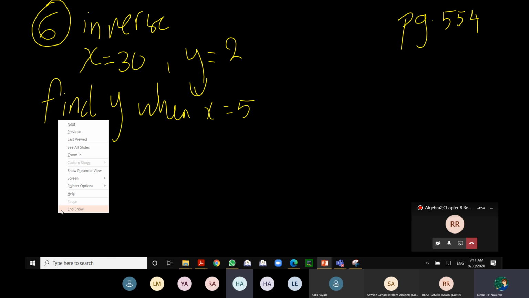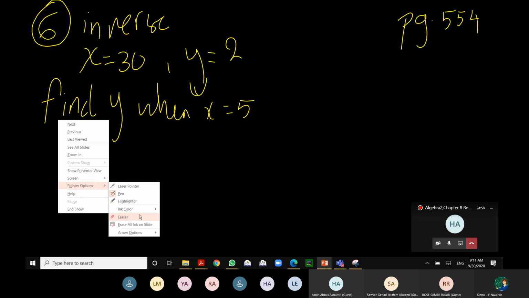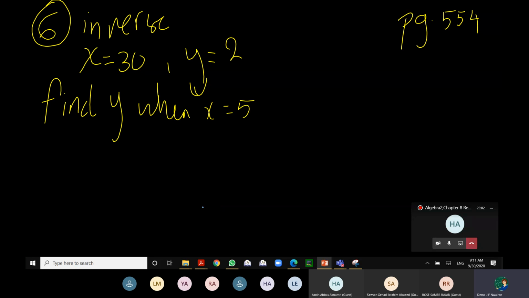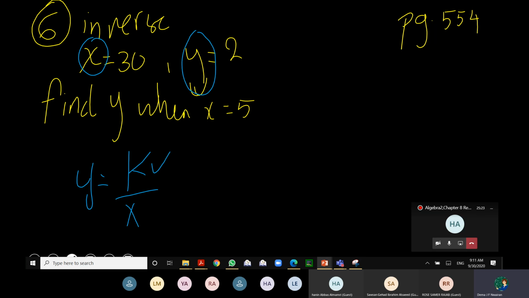For this one now, we're supposed to find the constant of variation first. For the inverse variation, how the function will be? It will be y equals k over x. Now after that, I have x and I have y. I need to find k.